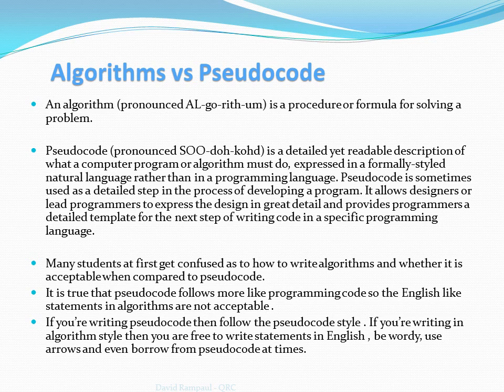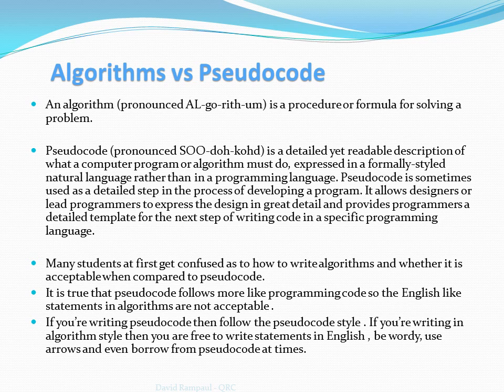So as I say here, many students get confused as to how to write algorithms and whether it is acceptable when compared to pseudocode. You are a budding programmer, so I would like for you to learn how to write pseudocode instead of writing the long English-like and wordy statements like the algorithm.